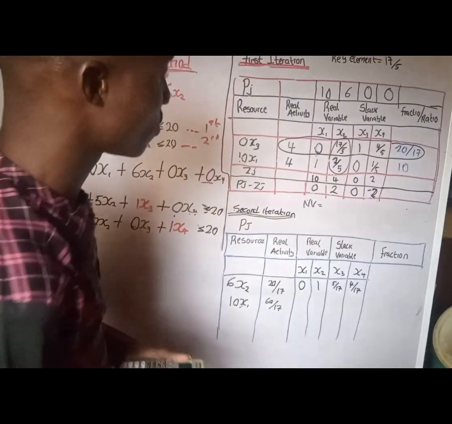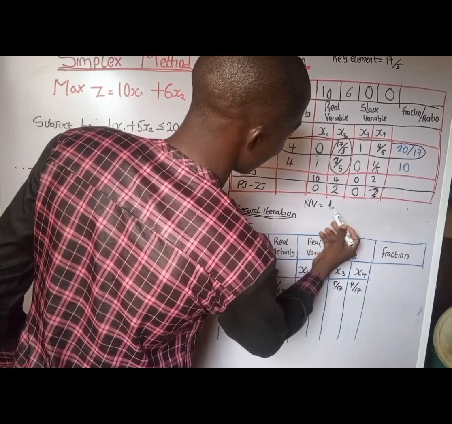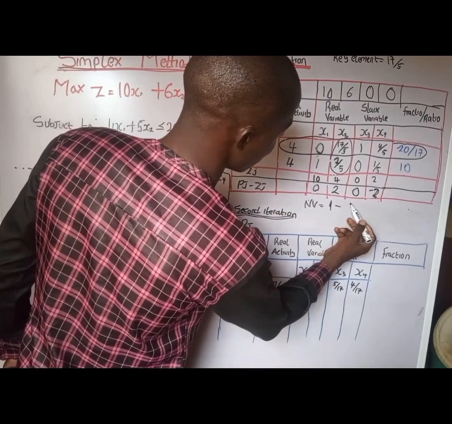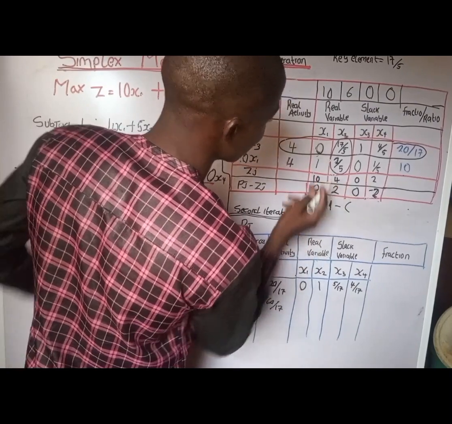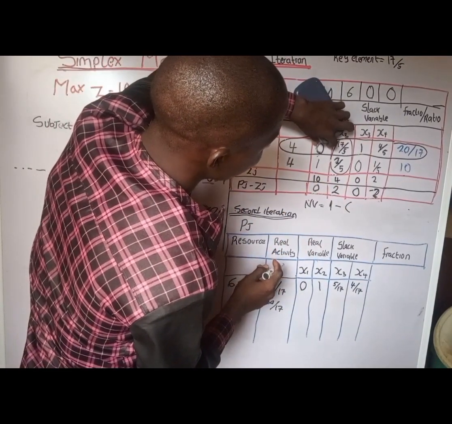Let us follow the same approach. The new value for 1 will be 1 itself, which is the old value, minus the corresponding key row element, which is 0.